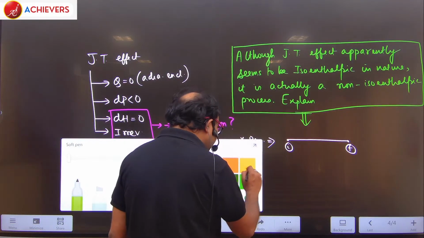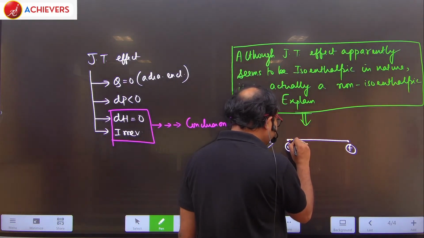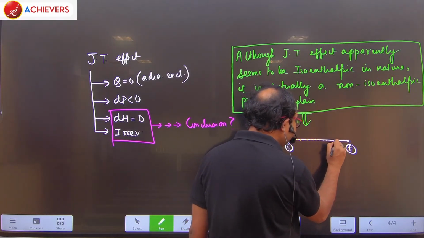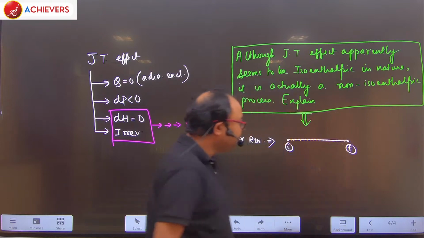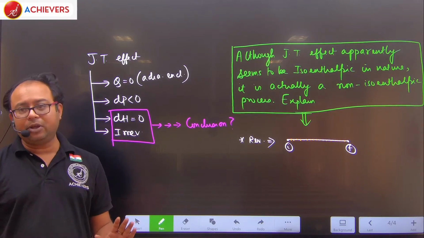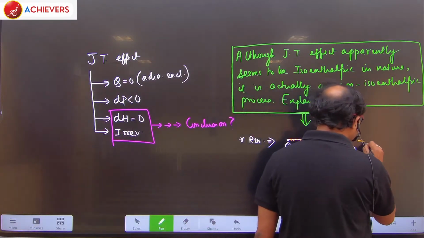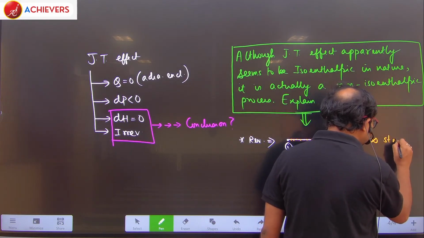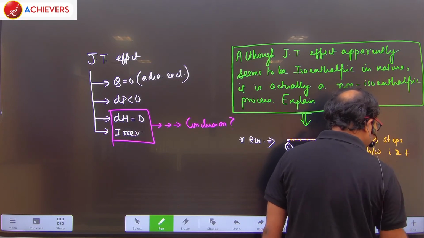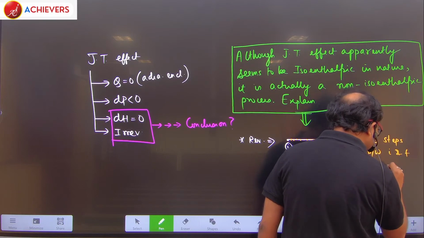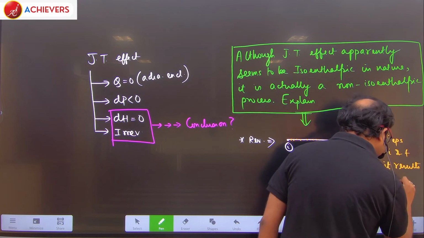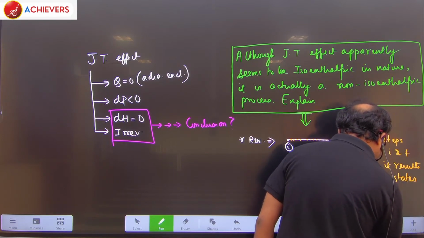And if there are an infinite number of steps, then there are an infinite number of states between I and F. So for a reversible process, you have infinite steps between I and F, which results in infinite states between I and F.